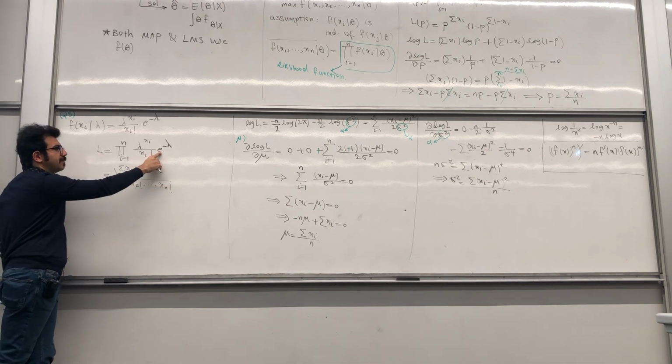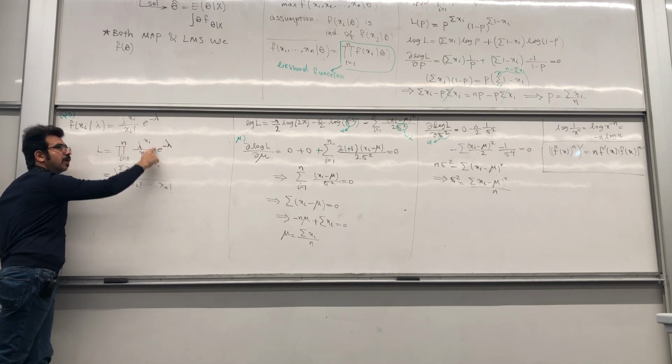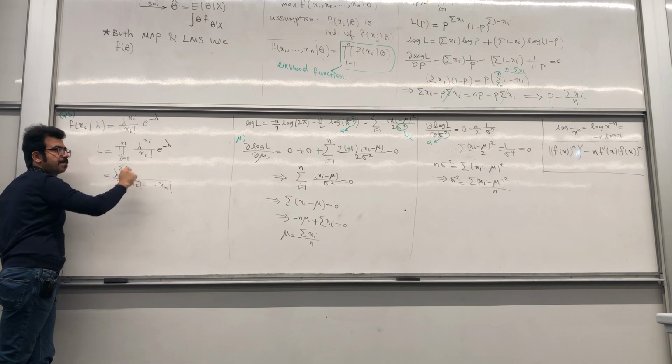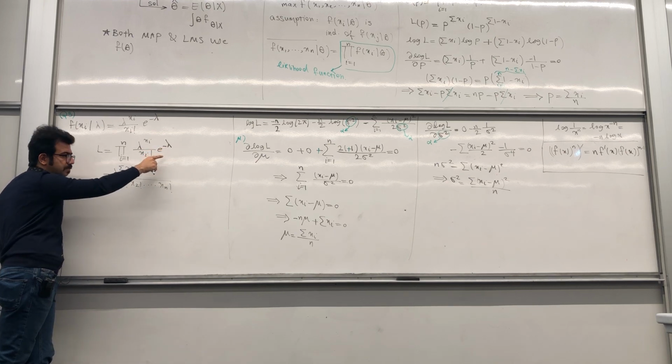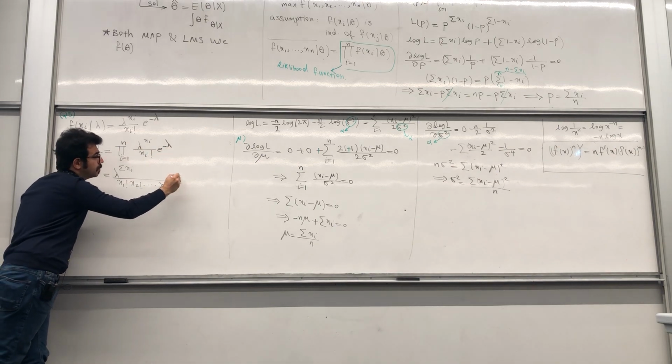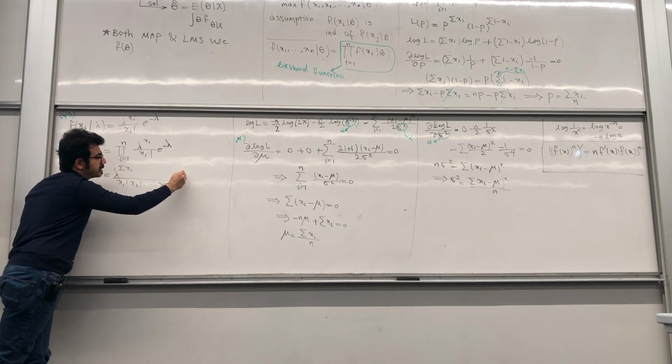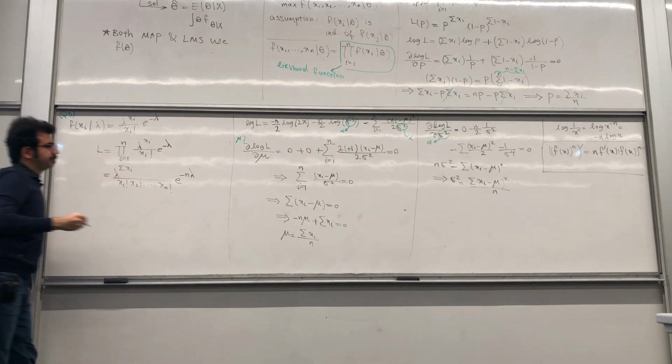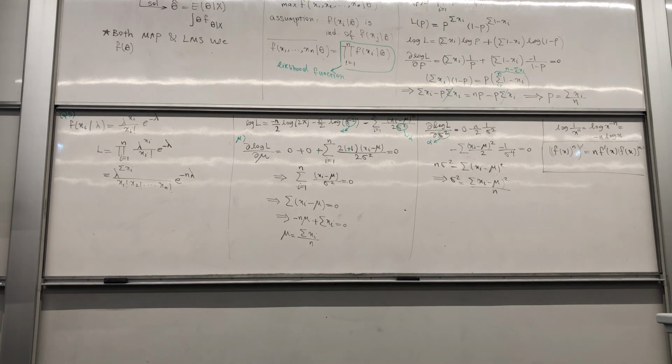And here I have e to the power of minus lambda multiplied by itself n times, giving you e to the power of minus n times lambda. Make sense? So this is the likelihood.